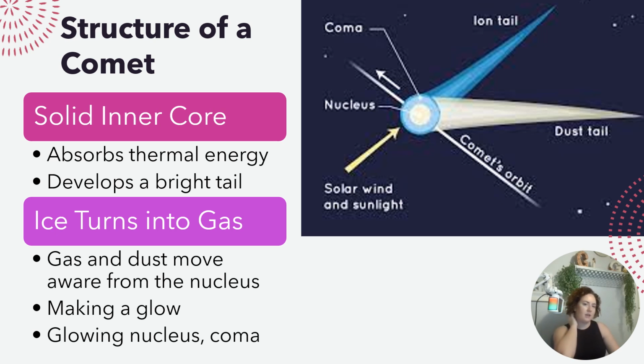This solid mass is usually rock and gas and ice, so as the comet starts coming back in toward the sun, all of that ice turns into gas. And the gas and dust start to move away from the nucleus, making it glow.